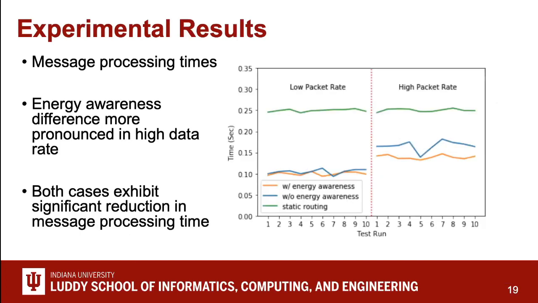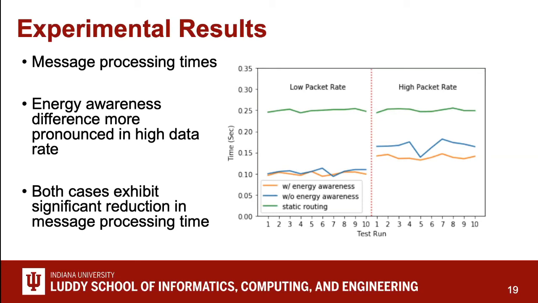So here's our experimental results. And this is looking at message processing time from end to end. We ran 10 runs and then averaged the time for each of the 750 packets. What you can see here is at the low data rate, energy awareness wasn't that big of a factor, even though the ECO algorithm really did significantly reduce the time it takes to send messages.